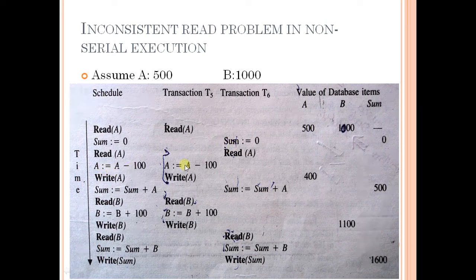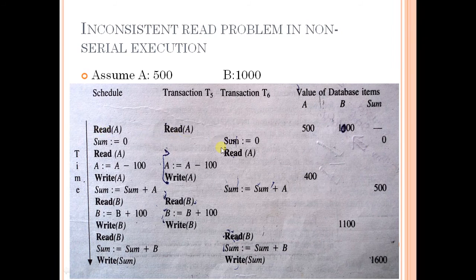The next two belong to T5. The next statement belongs to T6. The next three belong to T5. And the last three belong to T6. So initially you might find it complex, but this is how the CPU has executed, and this shows which statement belongs to which transaction.